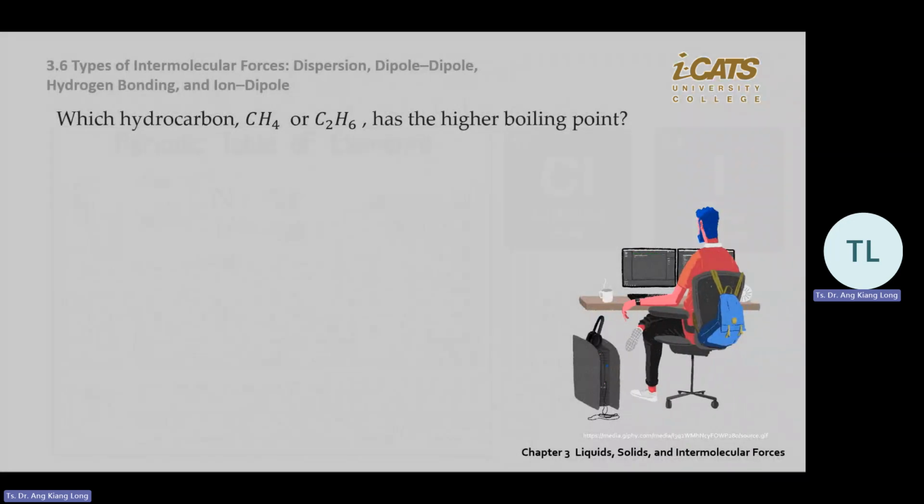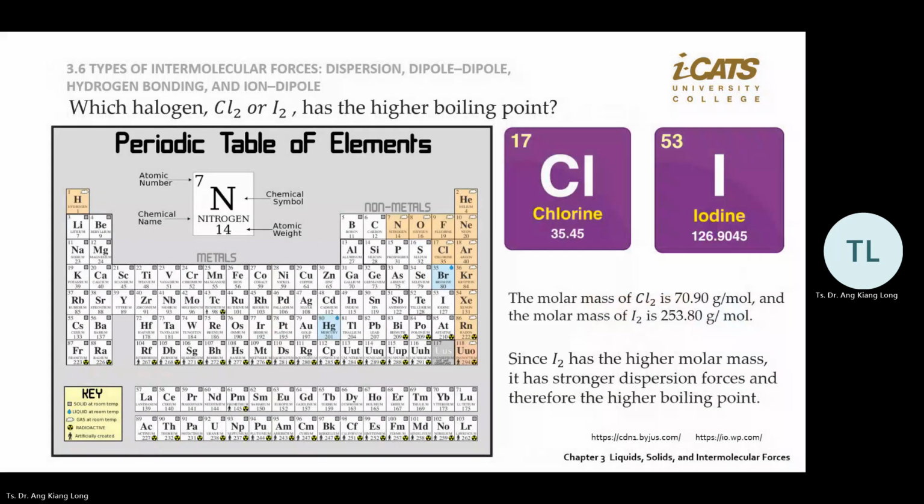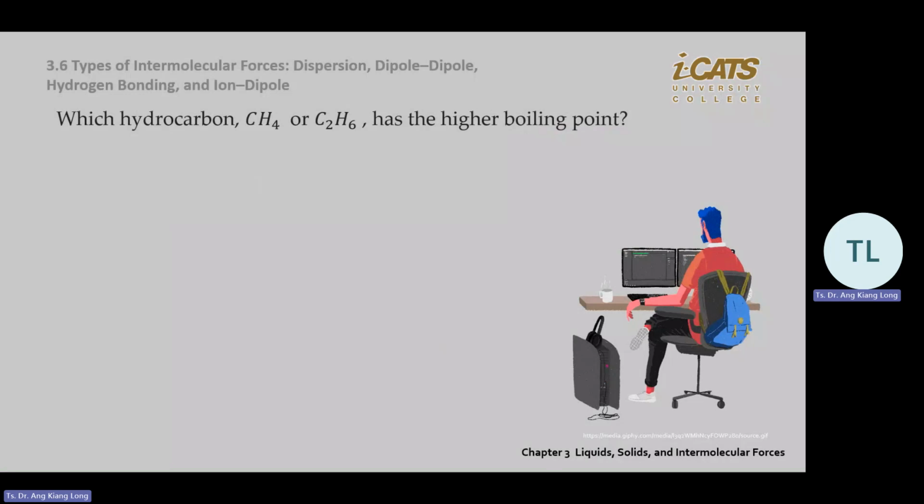If you understand the previous tutorial question, the next question will ask you about hydrocarbons. Referring to the periodic table, calculate the molar mass and use the statement to answer. From here, basically you can tell which one has the higher boiling point already.